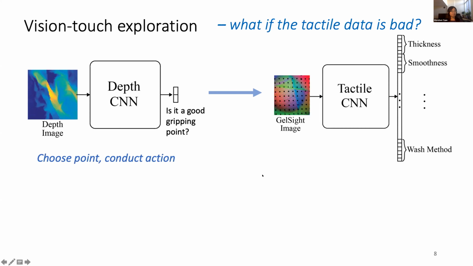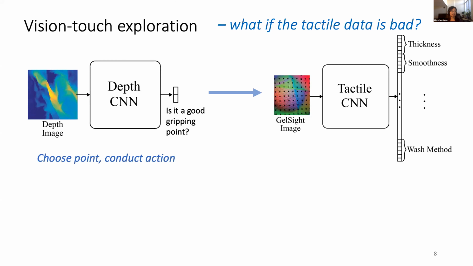Sometimes we found a confusing problem here: what if the tactile data is bad? This might be for multiple reasons. For example, if the first neural network is not working properly, the robot is not grasping at a good point, so the tactile data itself is very confusing, and it's not easy to clearly perceive those properties from it.